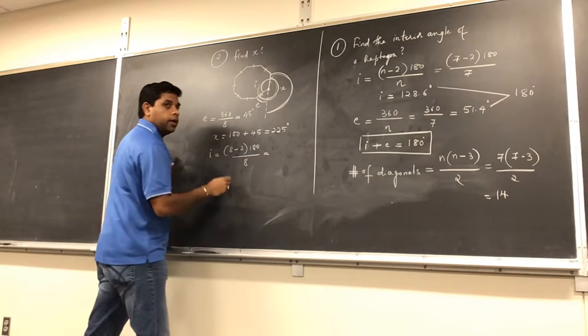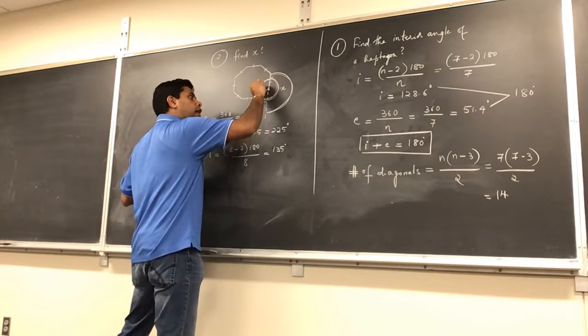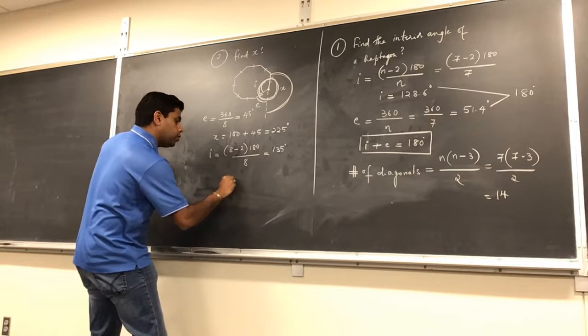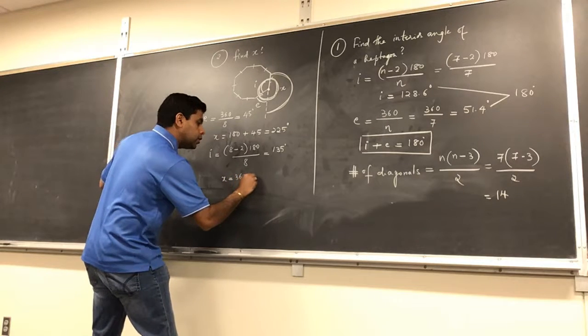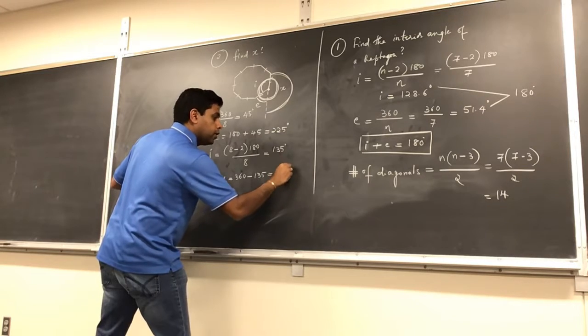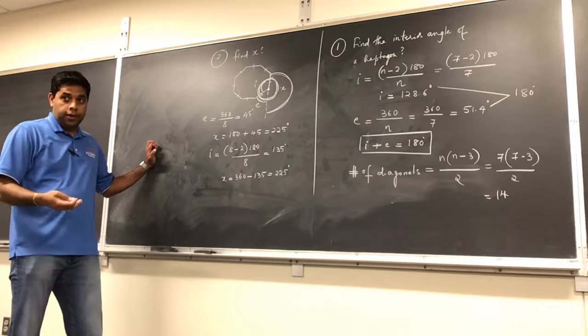What did you get? 135 degrees. If this is 135, this whole thing is 360. So X is equal to 360 minus 135, which is? Am I right?